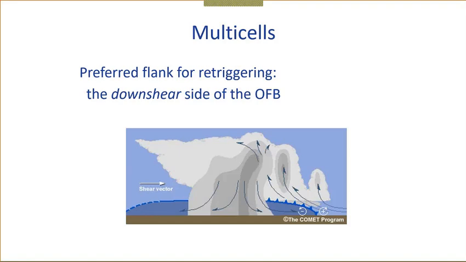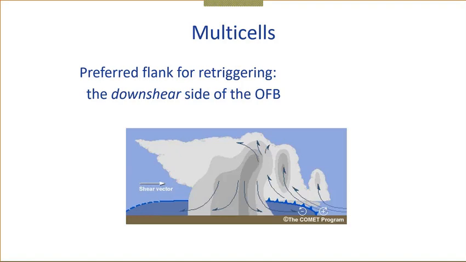So for multicells, when you look at multicells and you make a sort of vertical cross-section, and you are aware of the direction of the shear vector, then it is always the case that you only have retriggering of new convection, daughter cells, only on the downshear side of the OFB.